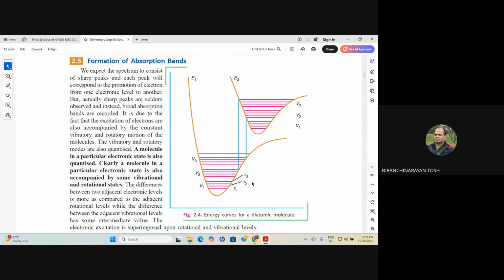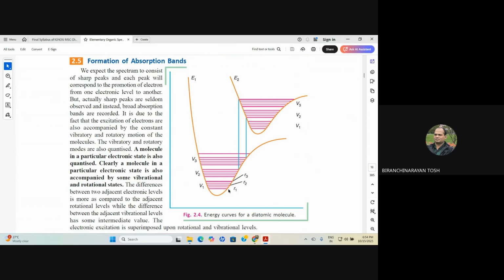So that's why electronic transition requires more energy. That means each electronic level is associated with a vibratory level. These V1, V2, and V3 are the vibrational levels. They are inside the electronic level because they require less energy.